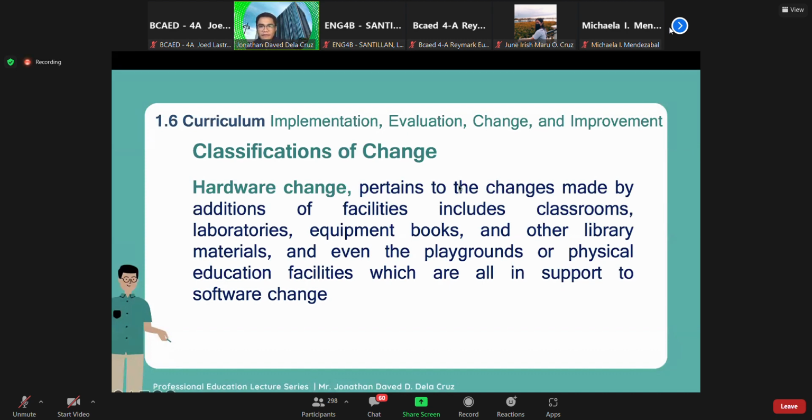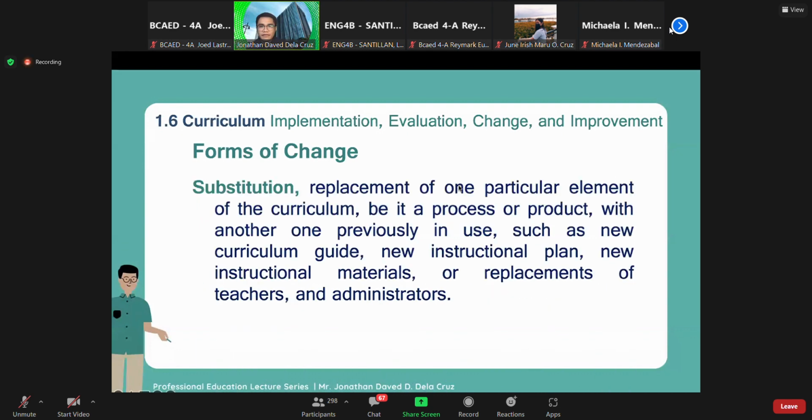Okay. So next is forms of change. We have substitution. So substitution is papalitan natin yung ginagamit nyo ngayon pero same pa rin. Replacement of one particular element of the curriculum, be it a process or a product, with another one previously in use, such as new curriculum guide, new instructional plan, new instructional material, or replacement of the teachers and administrators.